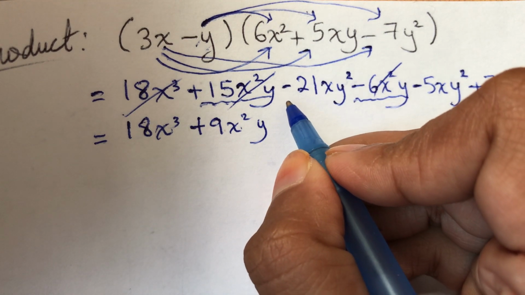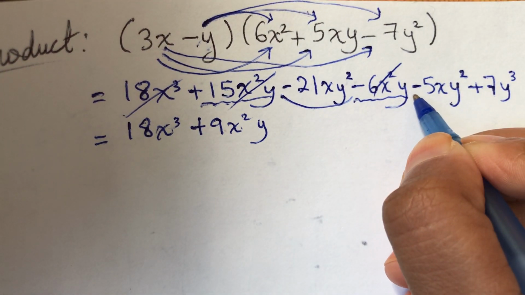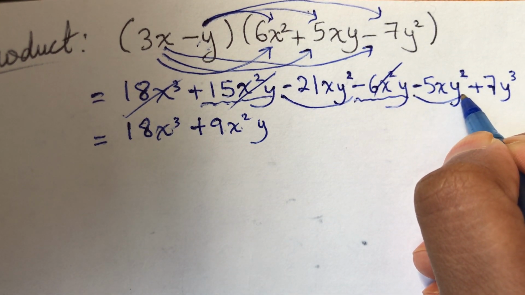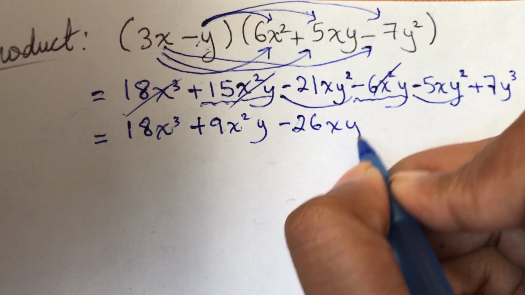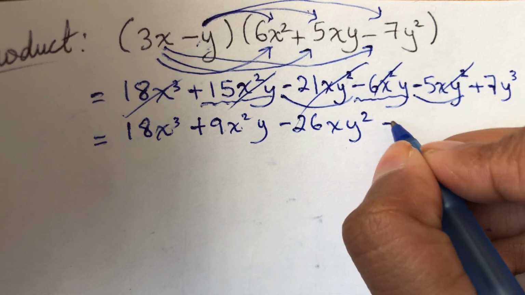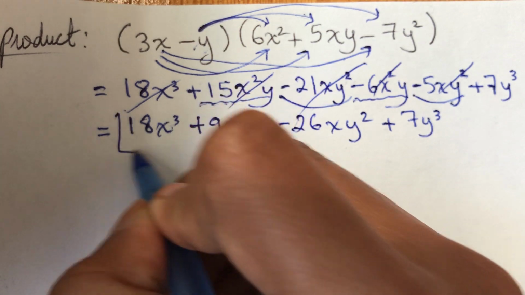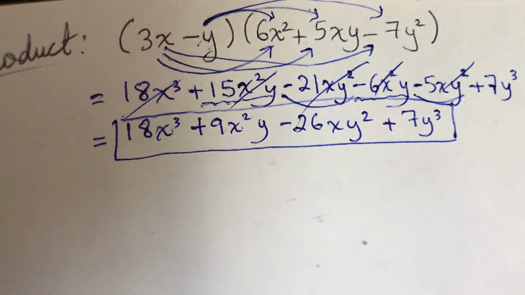Next up I have a negative 21xy squared, and I can combine it with the negative 5xy squared here, giving me a negative 26xy squared. Cross it out, then I'm left with this 7y cubed. And that's pretty much it when combining like terms.